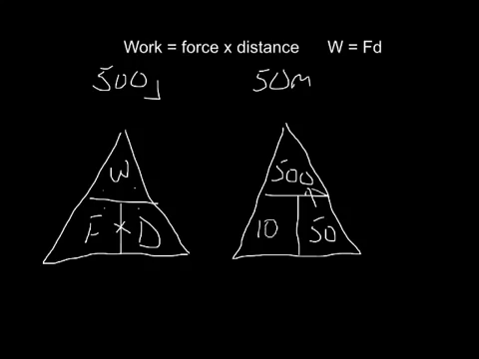All right, and we could turn that around, if we were given work and we were given force and we were asked to find distance, we could simply plug those 2 numbers in as well, and 10 into 500 would be 50 meters. So it's a very simple way to solve any of the equations that we have.